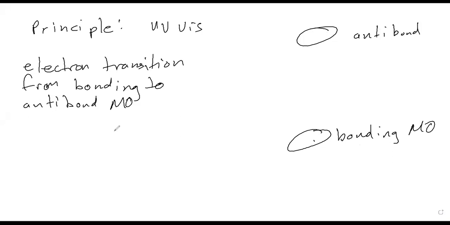For IR, bonds absorb IR. So the principle of IR is that it's the bonds in the compound that absorb the IR. For UV, it's electrons that absorb UV.